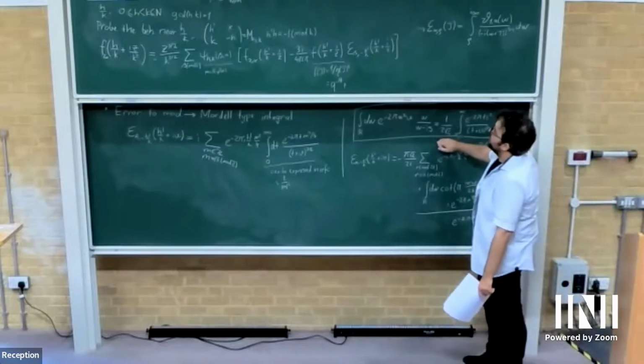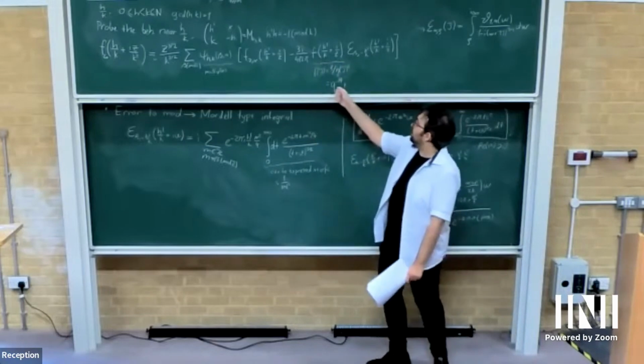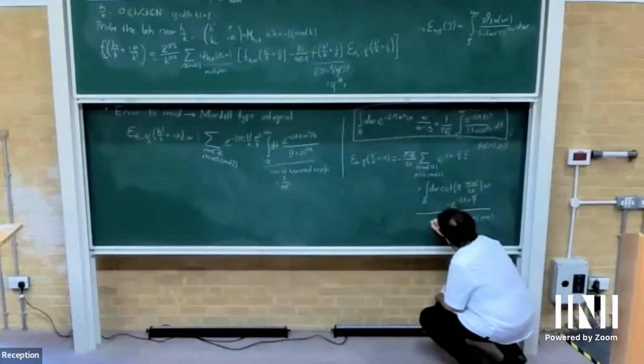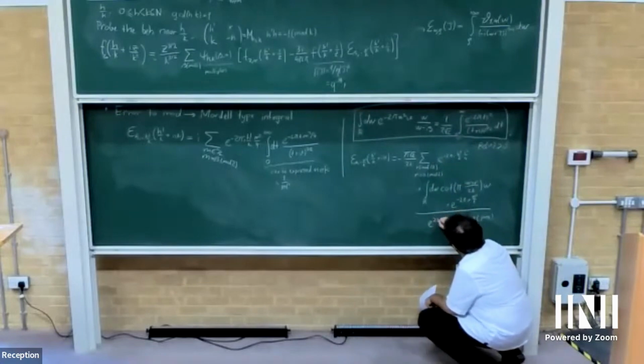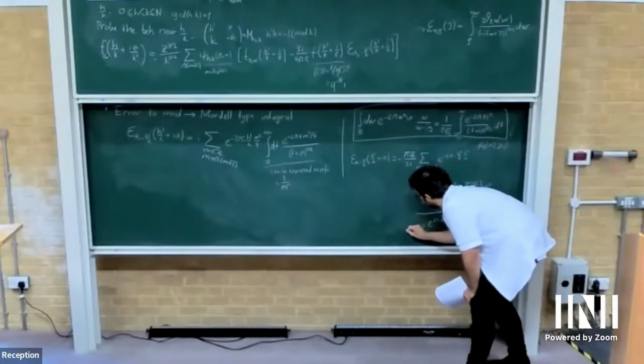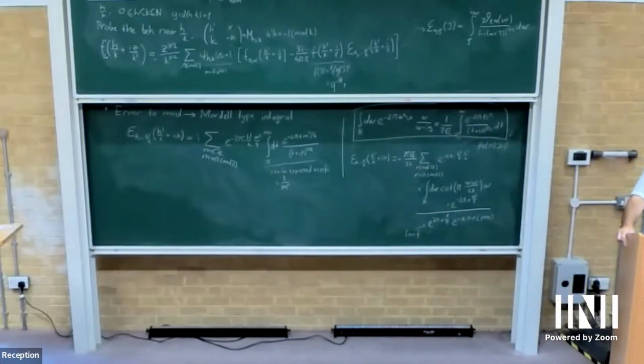Now, this was the error to modularity. We also had this factor of f over here, which had this q to the minus 1 over 4, which had a growing contribution like e to the 2 pi b over 4. Right? This is from f. And these are the only V dependencies inside this expression.